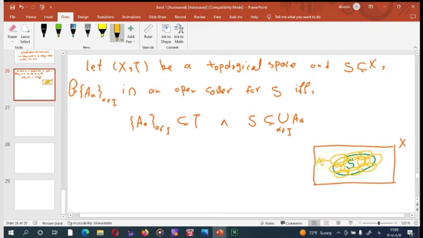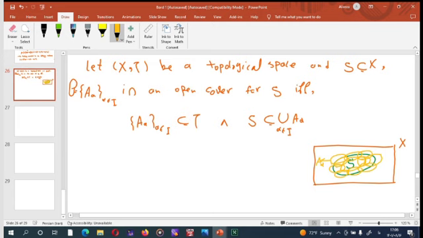The union of these must cover S or contain S. And we say this is an open cover whenever all of these sets are open. We can denote this by this index family, O, for example.